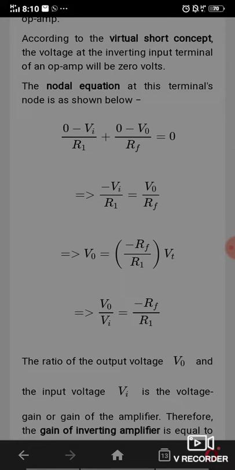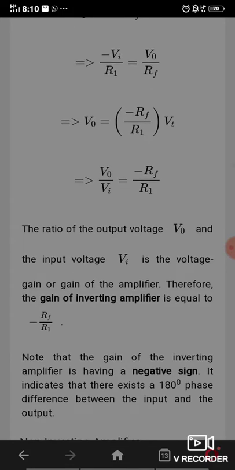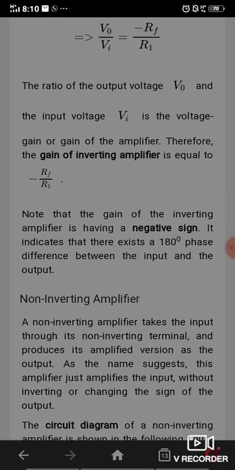The ratio of the output voltage and the input voltage is the voltage gain of the amplifier. Therefore, the gain of the inverting amplifier is equal to minus Rf upon R1. Note that the gain of the inverting amplifier has a negative sign. It indicates that there exists a 180 degree phase difference between the input and the output.